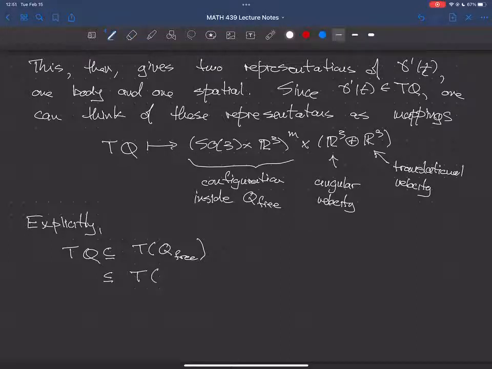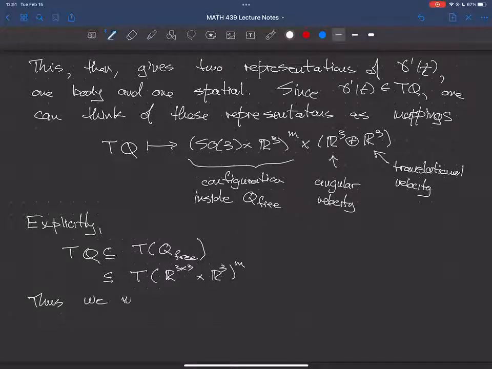So Q free, remember, is SO3 cross R3. SO3 sits inside R3 by 3 cross R3, M times.